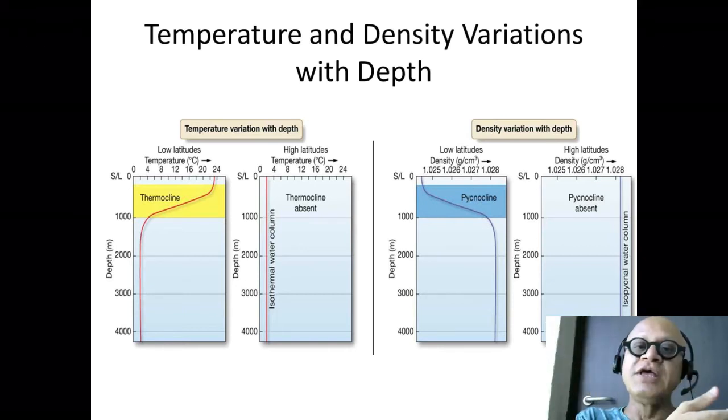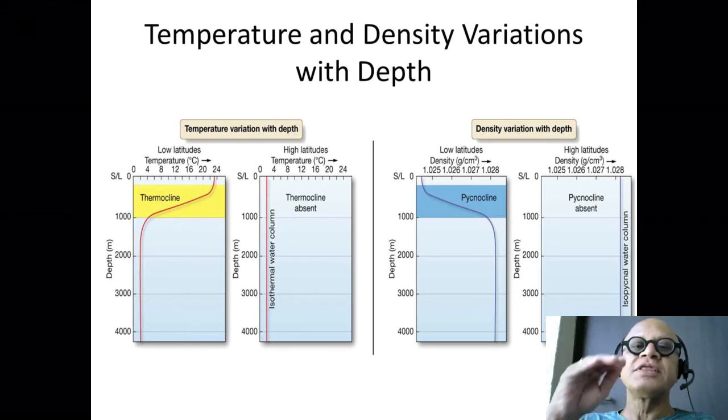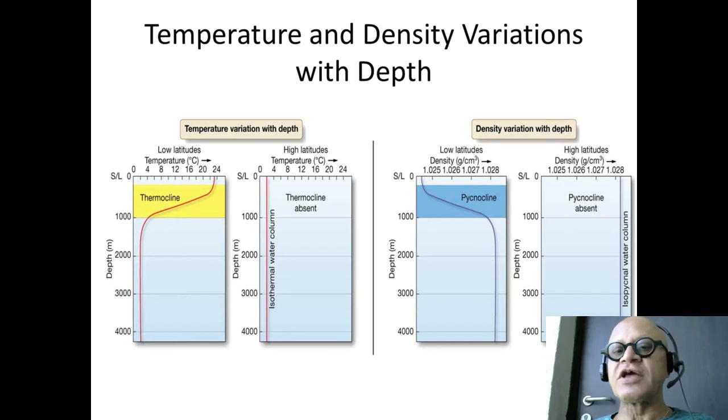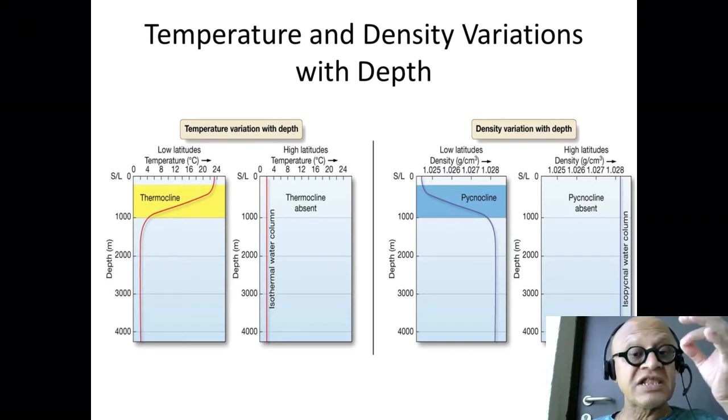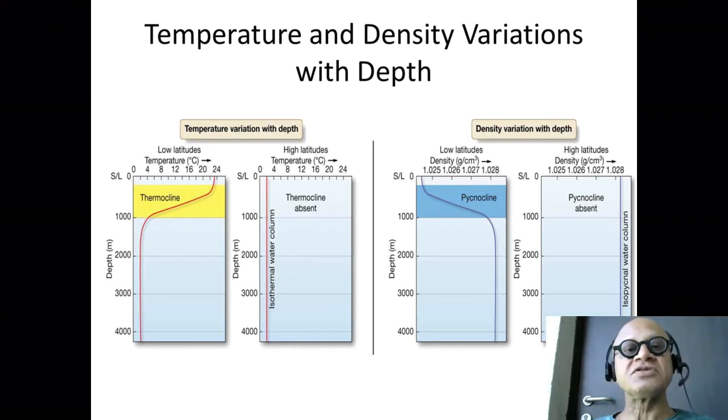So even though we are showing a sharp gradient of temperature, there are temperature scales, which means density scales. If you look at the low latitude density here, the lightest waters obviously have to be near the surface, otherwise they would sink, and the density increases in the same range where the thermocline and the halocline are. So the pycnocline has the sharp increase in density from below the surface mixed layer all the way to the bottom of this, sometimes called the seasonal thermocline and so on, but we will come back to that a little bit later on.